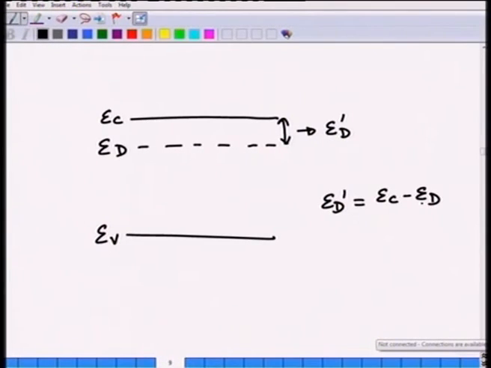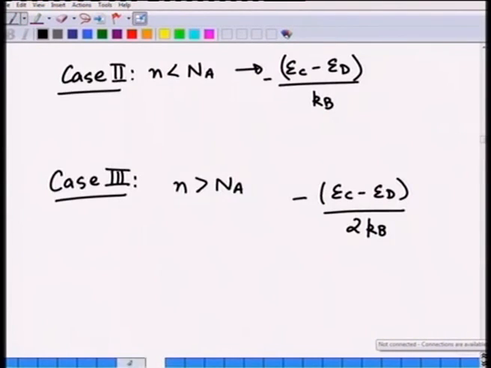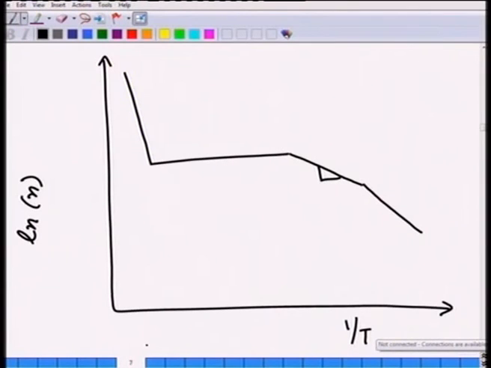That is what this quantity is. So, I am going to plot this as the slope here when n is greater than Na, ED prime by 2 kb, and the slope here is minus ED prime by kb.